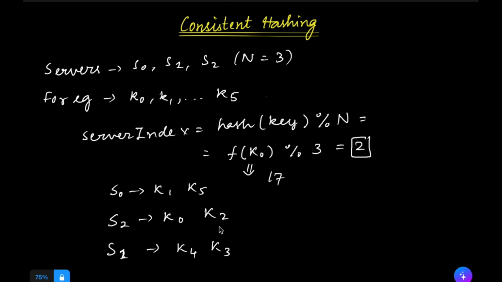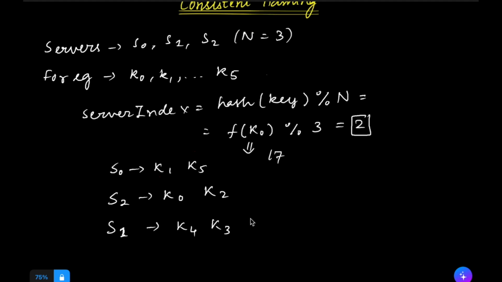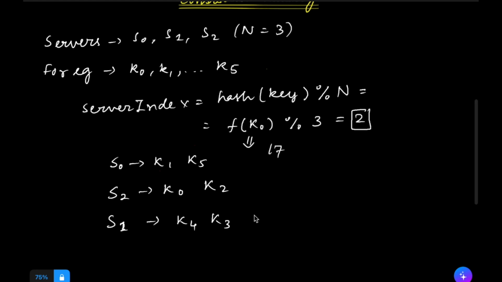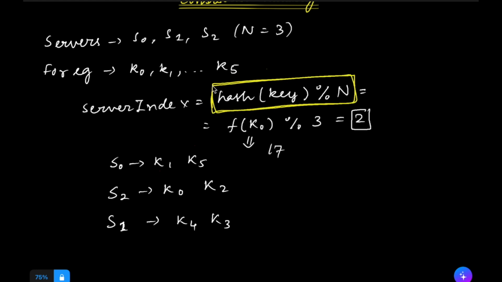These values are calculated by the hash values and taken modulo. So this is the modulo hash, the rehashing function which we use to assign our keys to a particular server. The formula we use is this, to hash the keys into a particular server and to store the keys in a server.